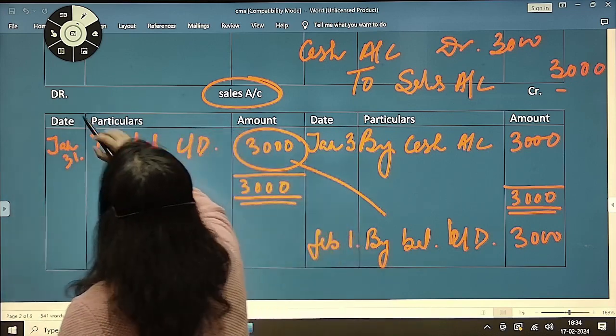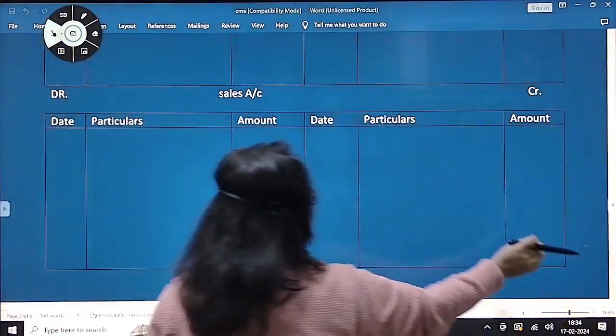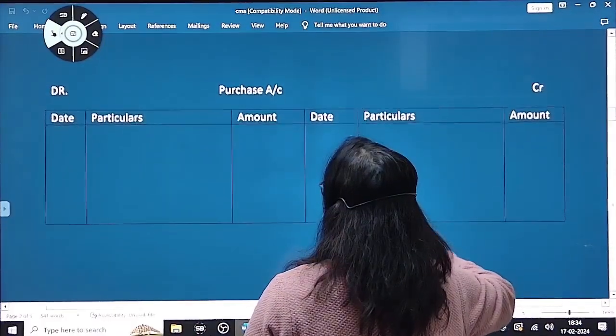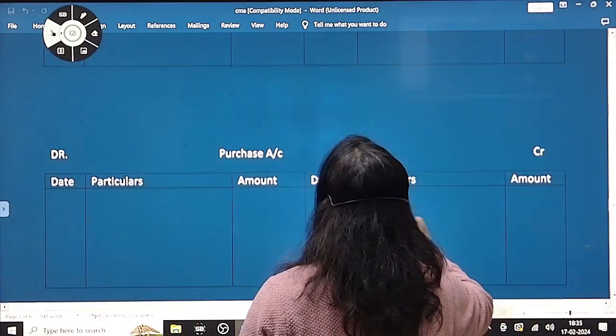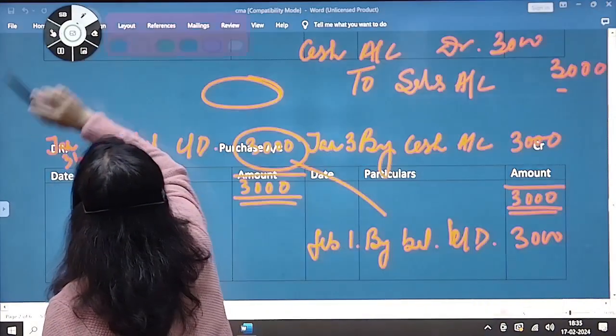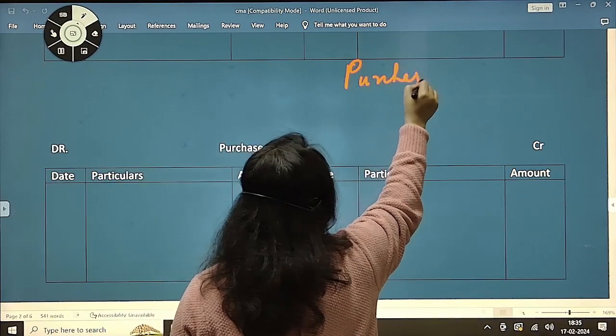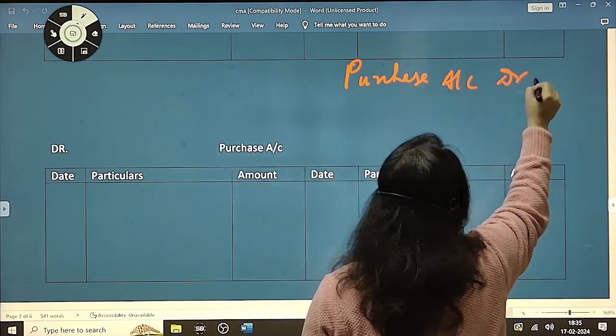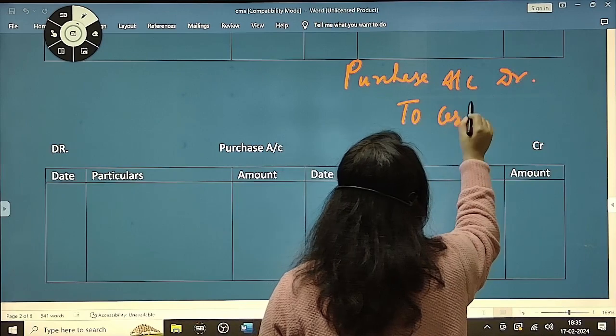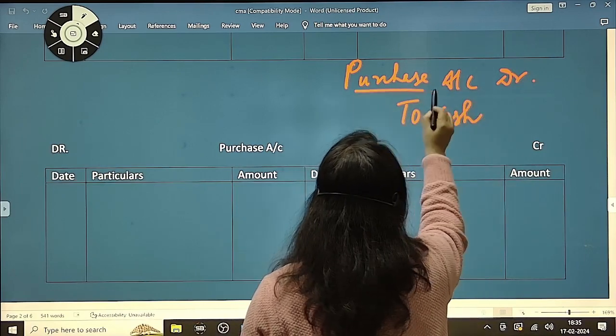Now when we see purchase account, related to purchase, what was the journal entry? Purchase account debit to cash account. So goods are coming. When goods are coming, you are purchasing.